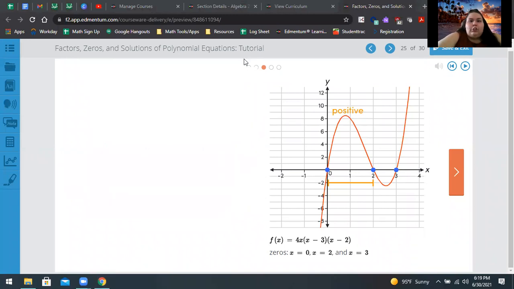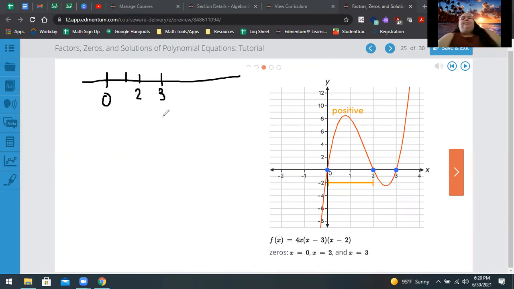If we know our zeros, I'm going to draw a number line. And we have our zeros. So that 4x gave me a 0 for one of my zeros or x-intercepts. X minus 3 gave me a 3. And that x minus 2 gave me a 2. So 1, 2. Okay.